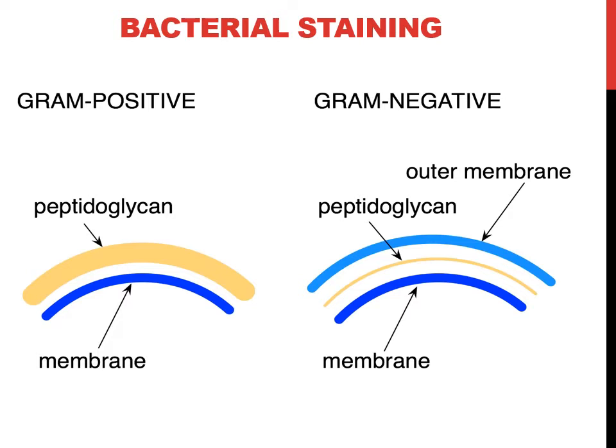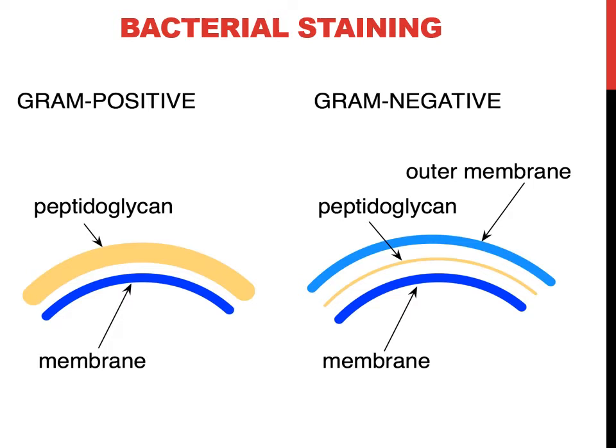Okay, so gram-positive bacteria typically have a thick cell wall. So they hold on to staining very well because of how thick the cell wall is, and it absorbs the stain that's applied to them. So they're typically purple in nature.